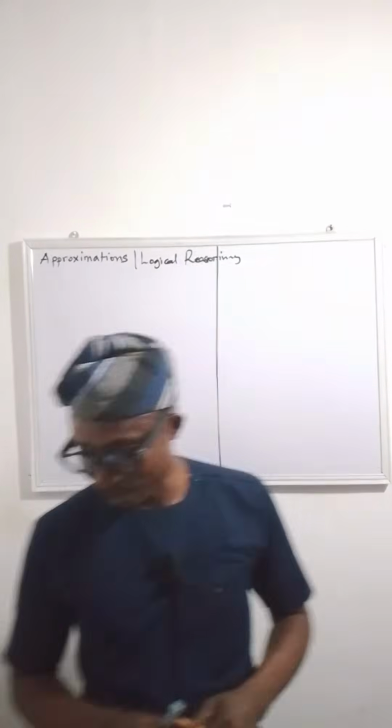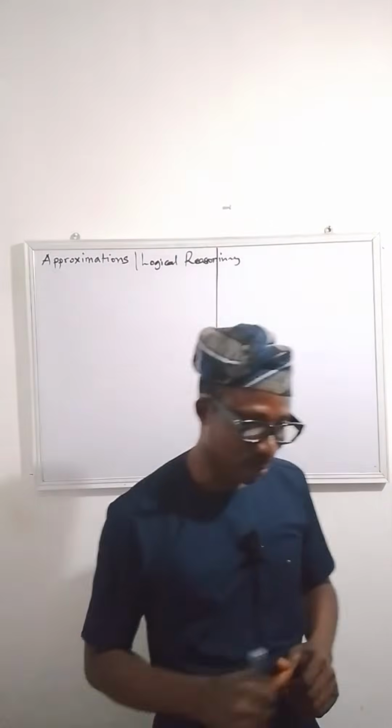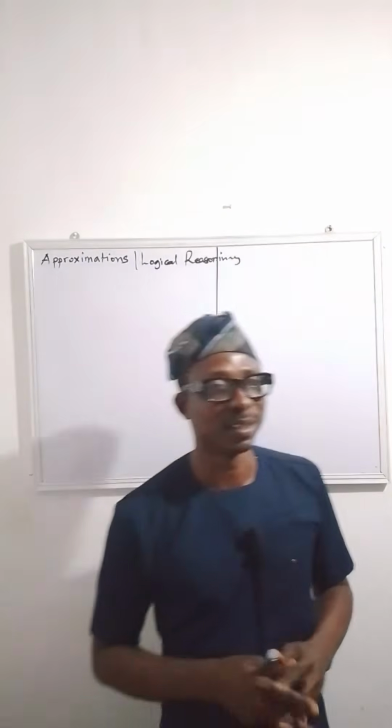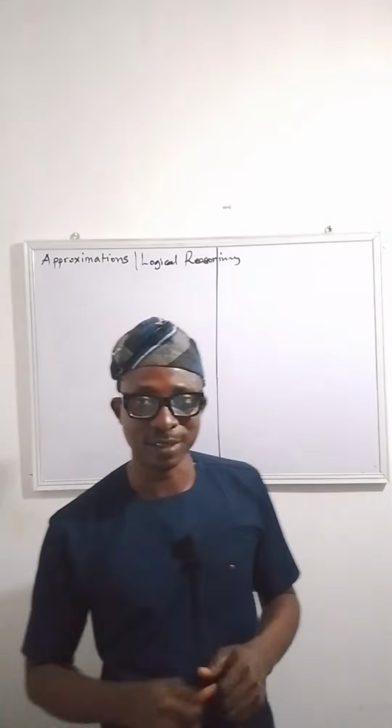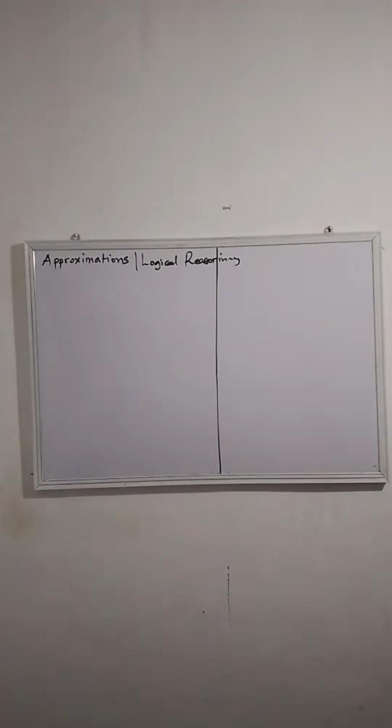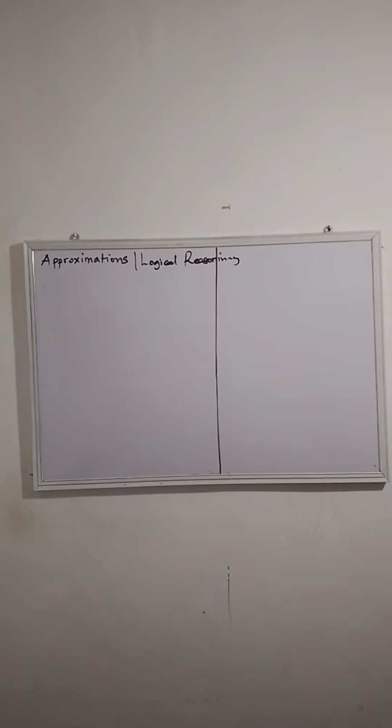Let every one of you get set for the class while we wait for others. As you are joining the class, I just want you to say hi, I'm ready for the class, so that we know the number of people that are around. Okay, let us see how many are available for the class. I can see Mayowa, I can see Riscott. Riscott, how are you? You are welcome to class. I'm excited seeing you.